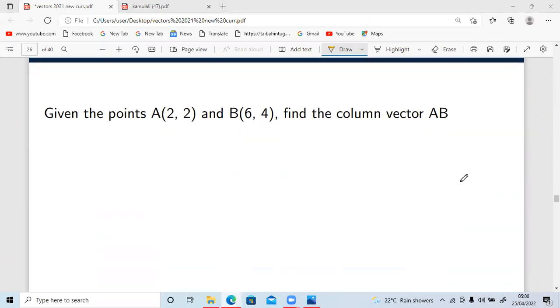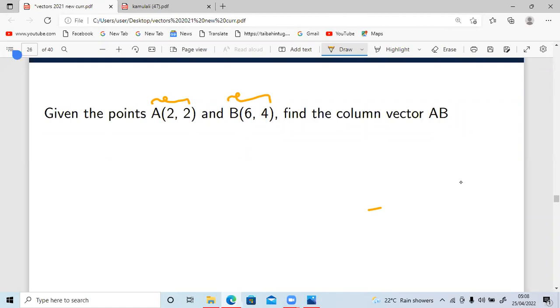This one we have to try. So they have given us the two vectors A and B. Find a column vector AB. You want to first try it? Yes. Okay, let's first try it. But the first thing you always have to do is write this coordinate in the form of a vector.